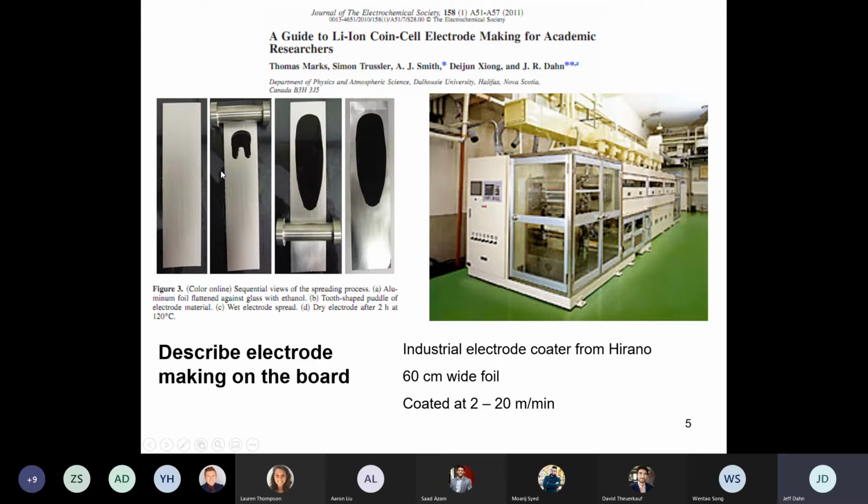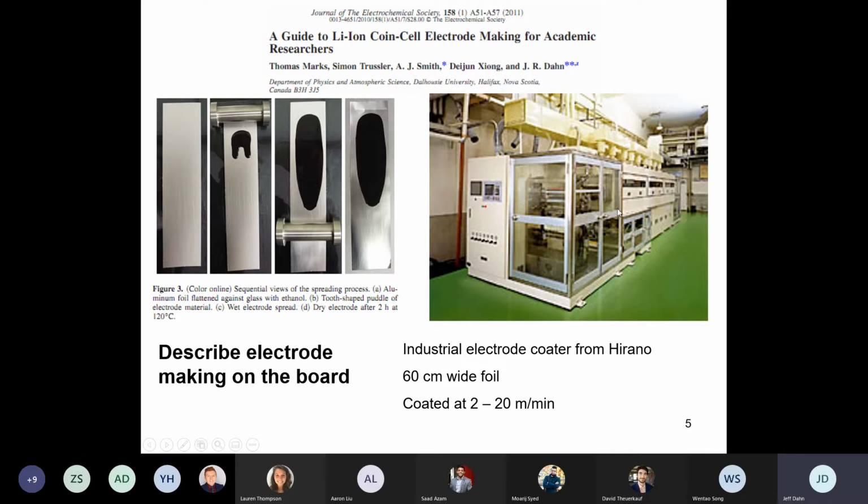You mix it together to form what's called a slurry, which is just an intimate mixture of the electrode powder, the dissolved binder, the carbon black in the liquid. And in our lab, we just use a spreader bar to pull across this puddle, and you get a stripe, and you let that dry, and you have a small piece of electrode that you can punch electrodes from.